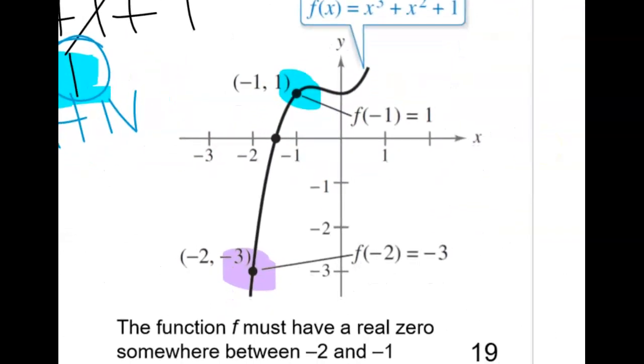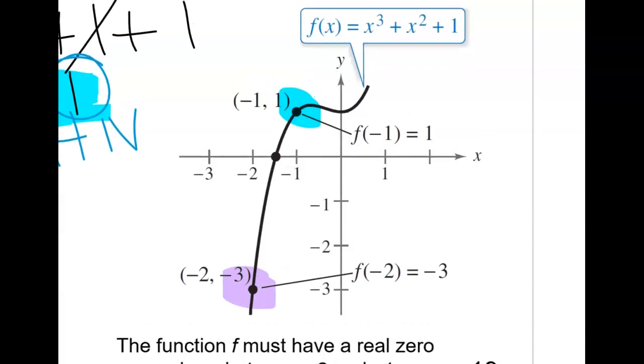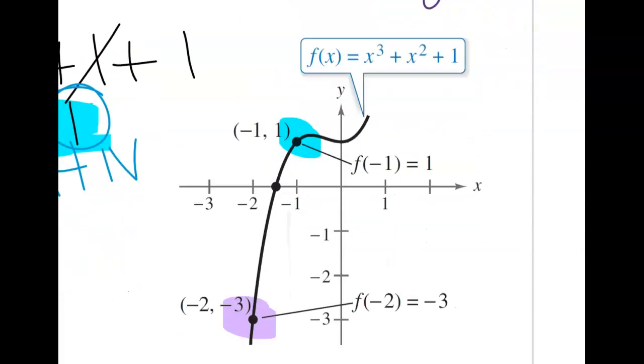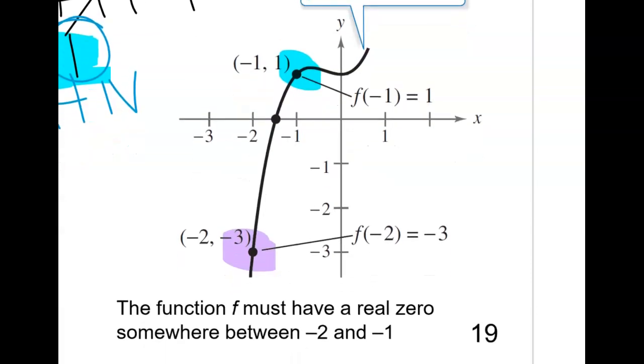We were given the x value of -1 to substitute right here, and then we got this point, right? And then they gave us x equals -2 right here, and we got this point.